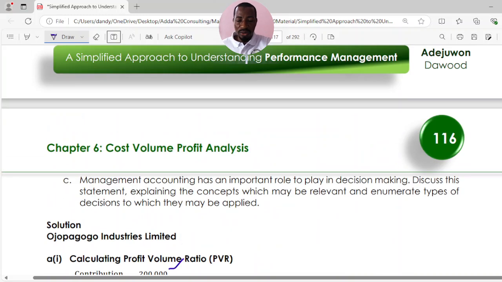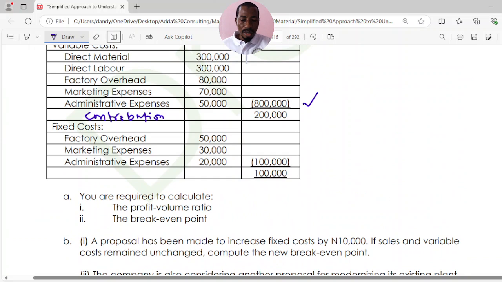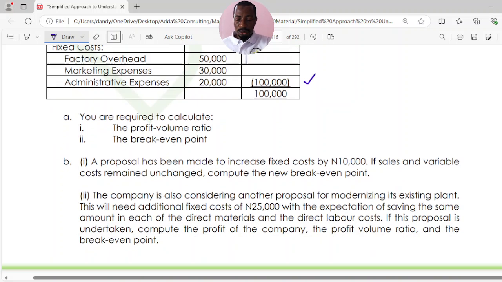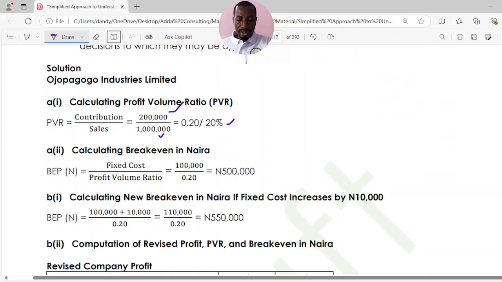Total fixed cost in the question is 100,000. So 100,000 divided by 0.2, that is 100,000 divided by 20%, will give us 500,000 naira. So break-even point in naira is 500,000.